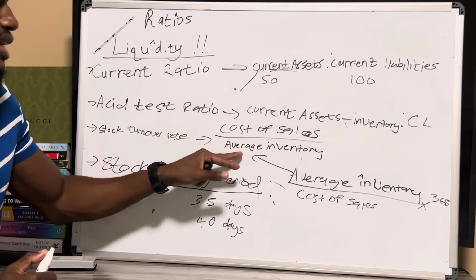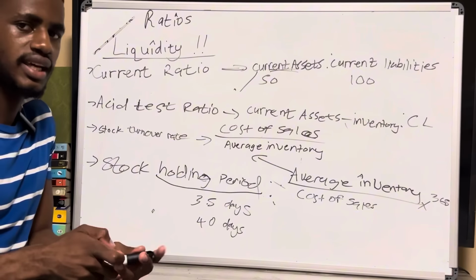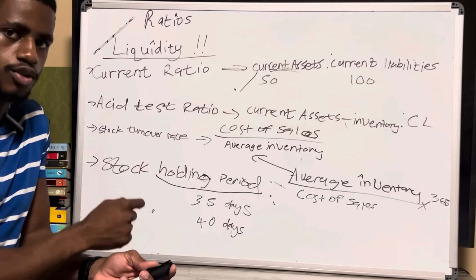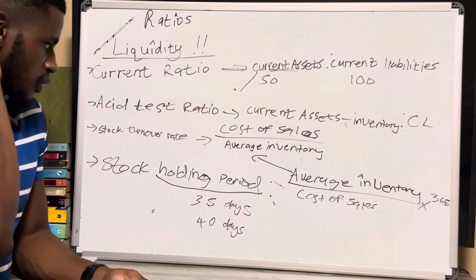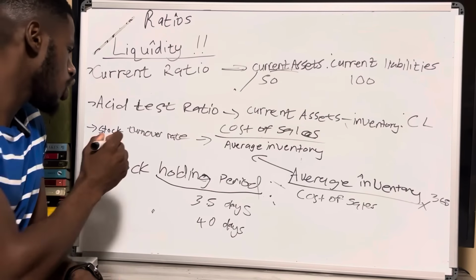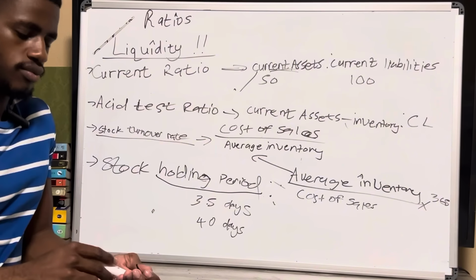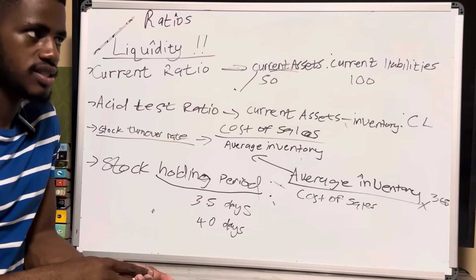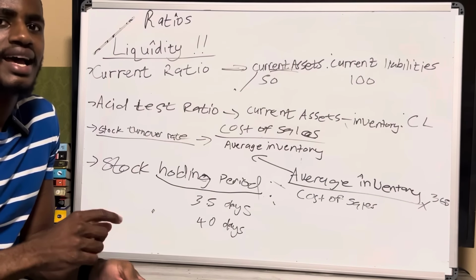Remember, when we are saying average inventory, we are saying last year plus this year, then we divide it by 2.